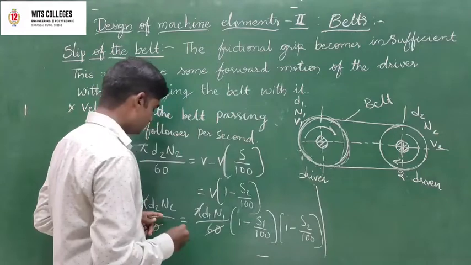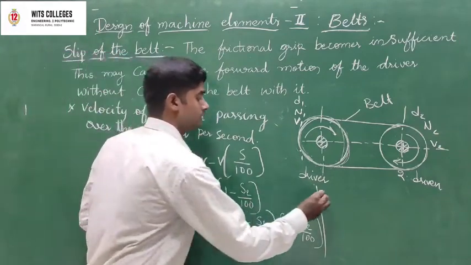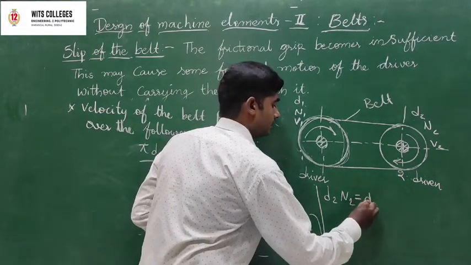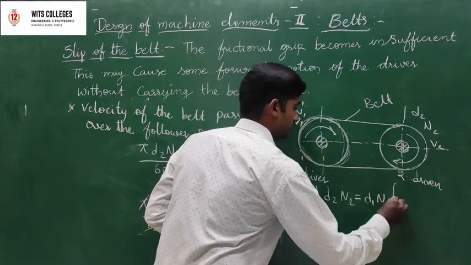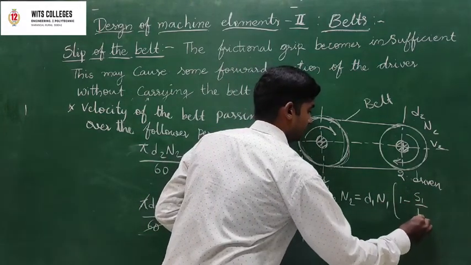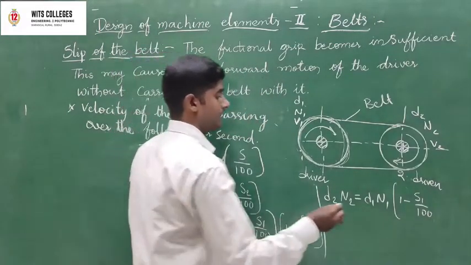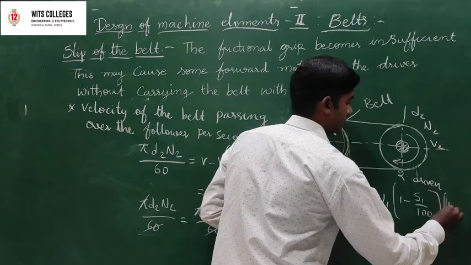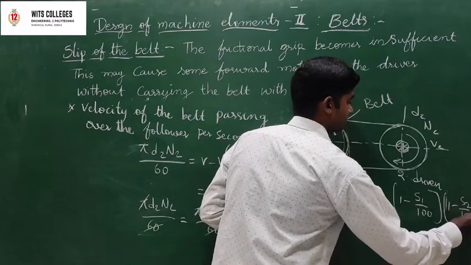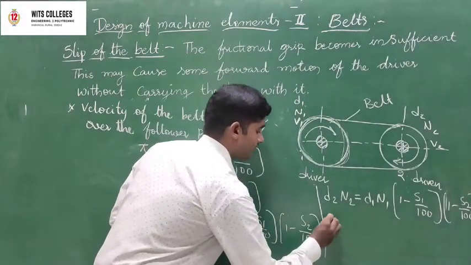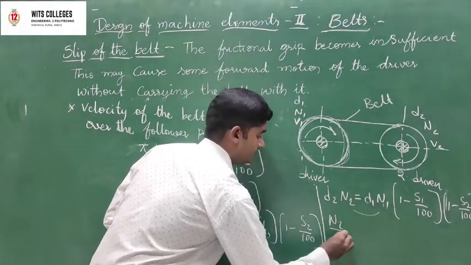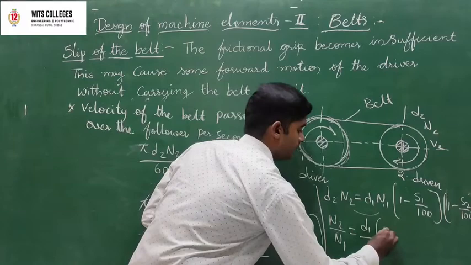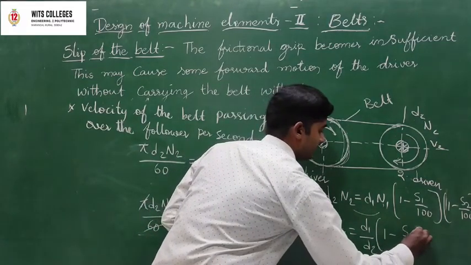Using this, D2 N2 is equal to D1 N1 into 1 minus S1 by 100 into 1 minus S2 by 100. So N2 by N1 is equal to D1 by D2 into 1 minus S1 plus S2, simplified by 100.